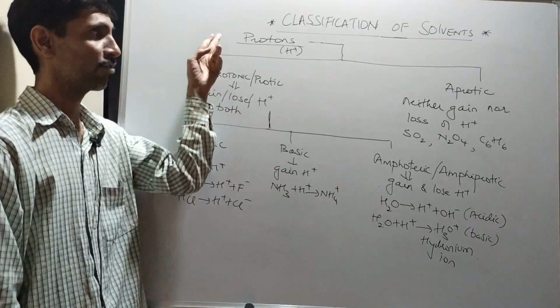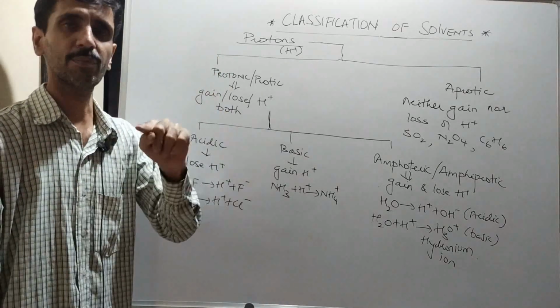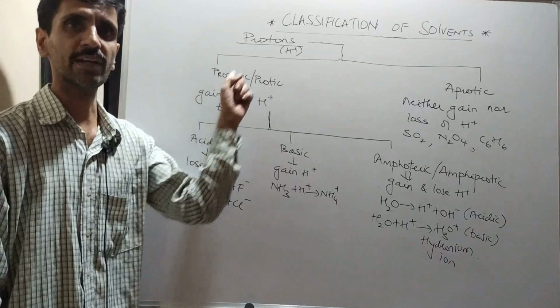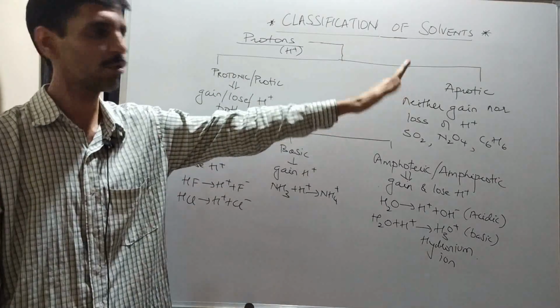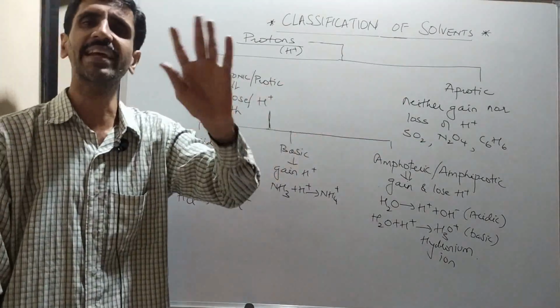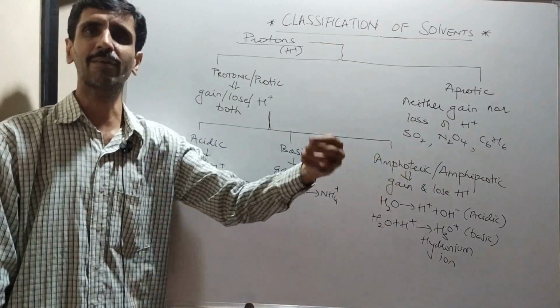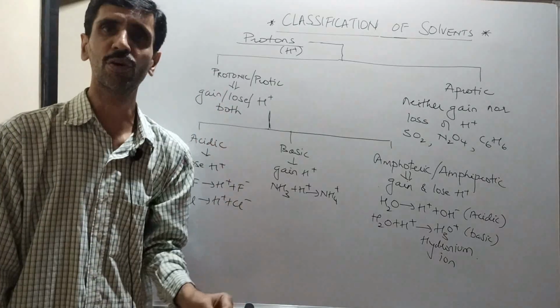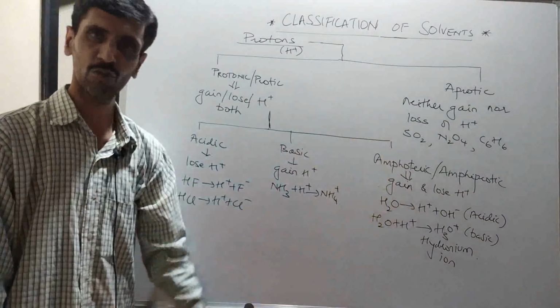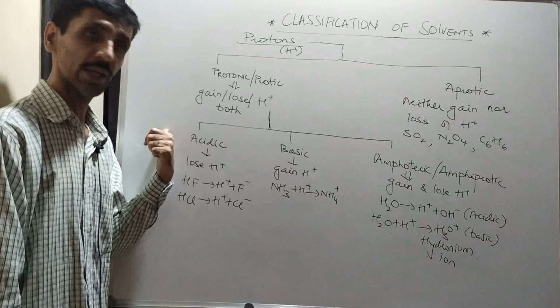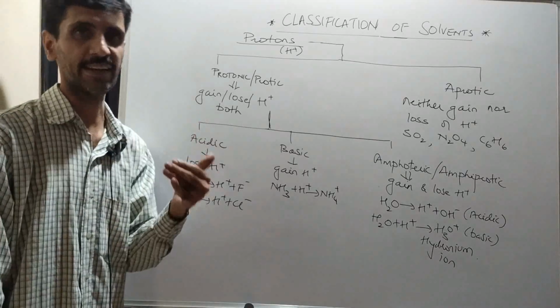Okay, and that is based on what? Protons. General broad classification is protic, aprotic. Aprotic, no further classification. We simply say neither having a tendency to gain a proton or donate a proton. Example can be liquid sulfur dioxide, liquid N2O4, okay, and benzene, and so on. When you go into the protonic part, it has three tendencies.